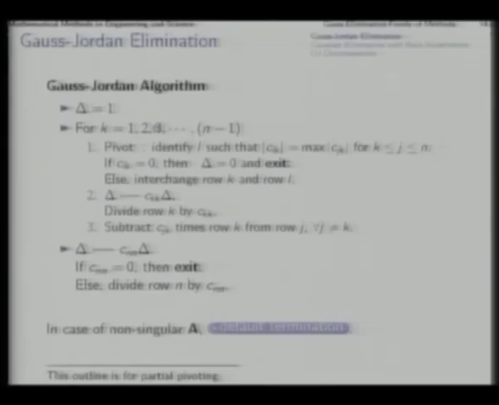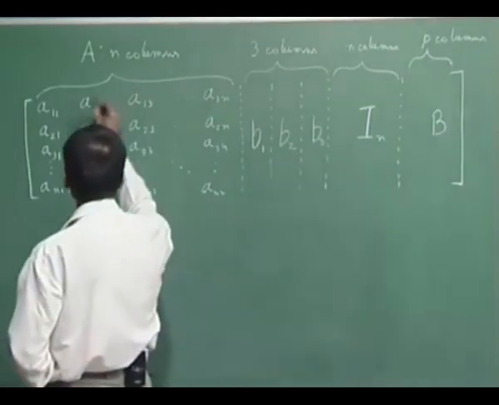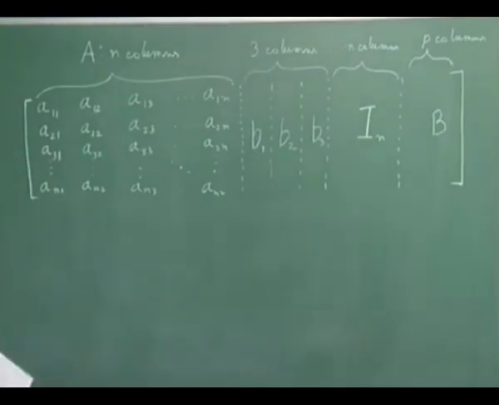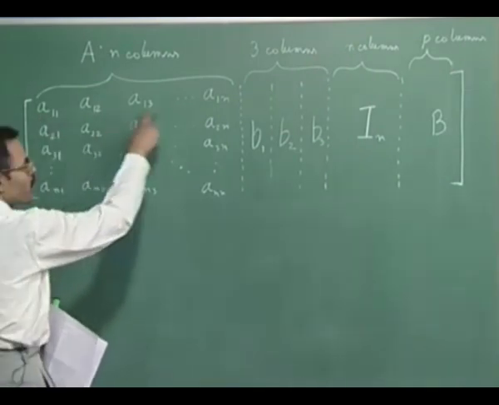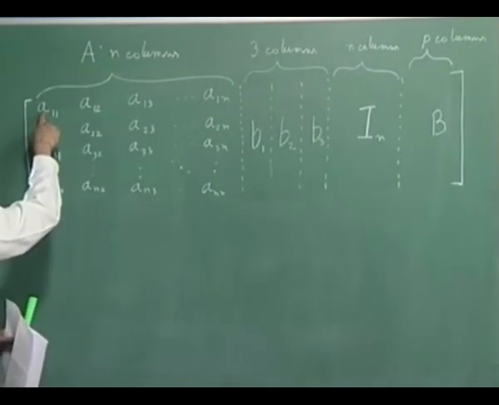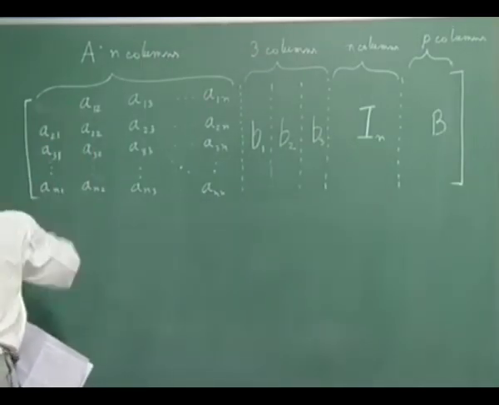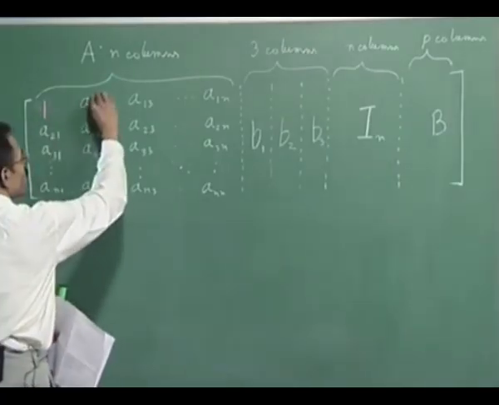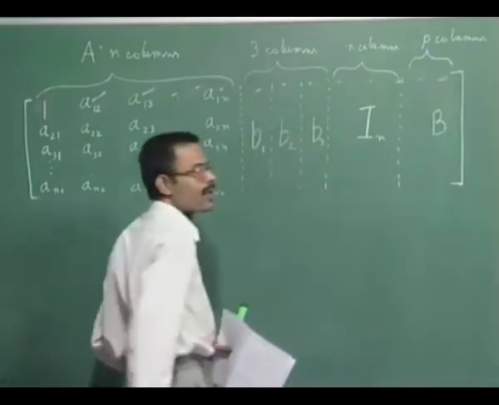Here, what we do first is that we want to reduce this matrix to identity matrix through elementary row transformations. So, first thing, we divide this first row by this diagonal element A11, and then this becomes 1. As we do this, all these undergo changes, right.